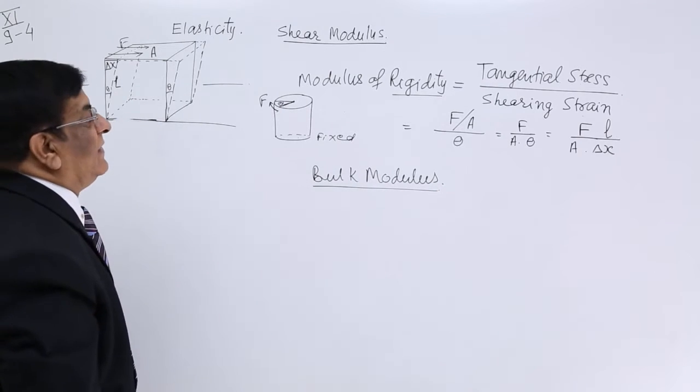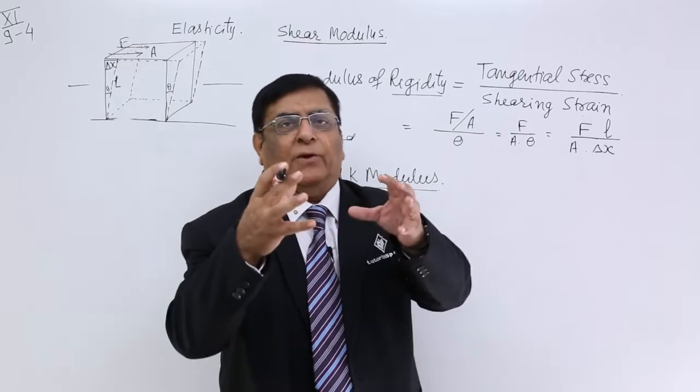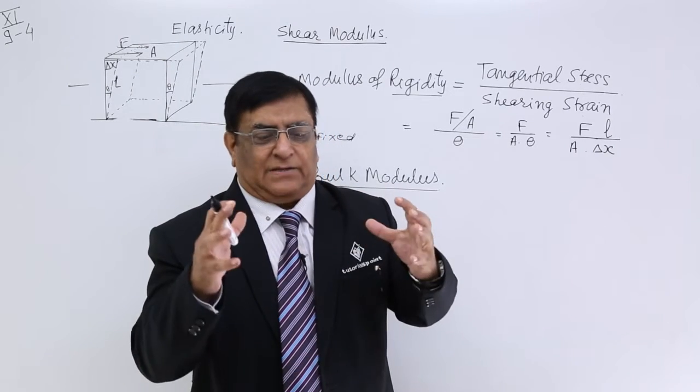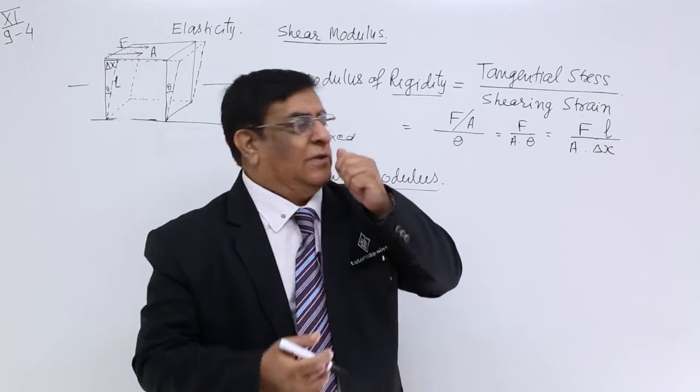In bulk modulus, there will be a change in total volume. Suppose a balloon we dip in the liquid and the volume of the balloon comes down. Why? There is a pressure from all the sides.